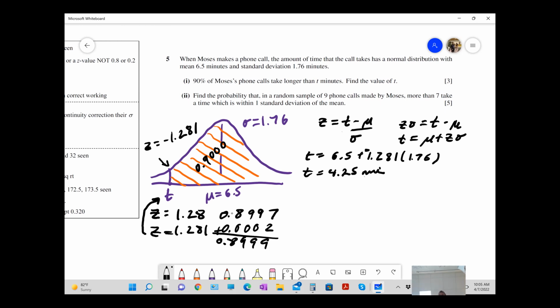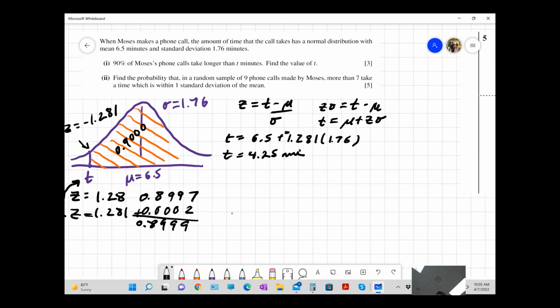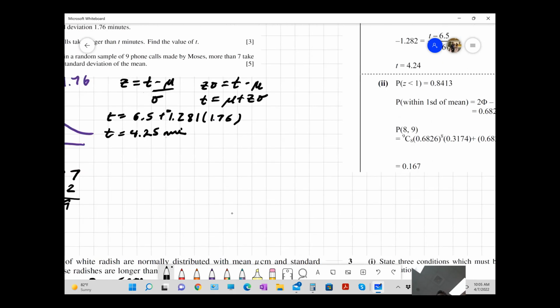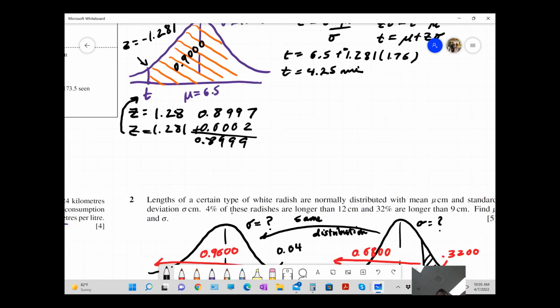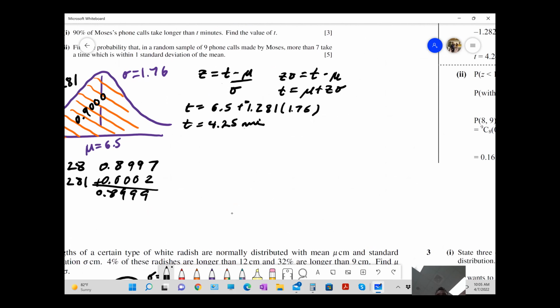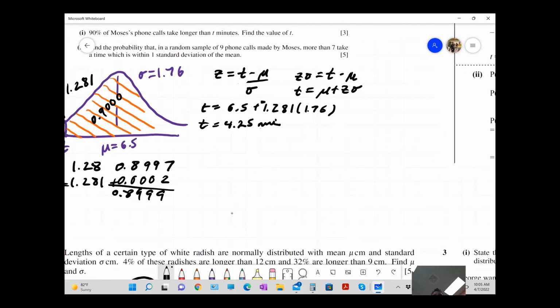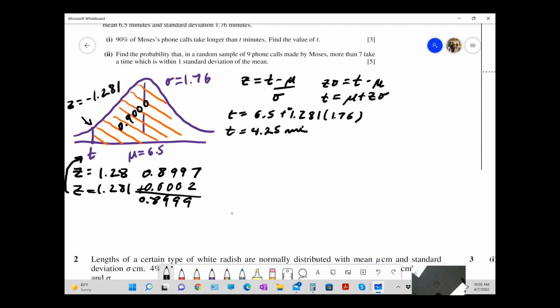All right, the next one says find a probability that in a random sample of 9 calls made by Moses, more than 7 take a time which is within 1 standard deviation of the mean. Now, I don't have space here. Okay.